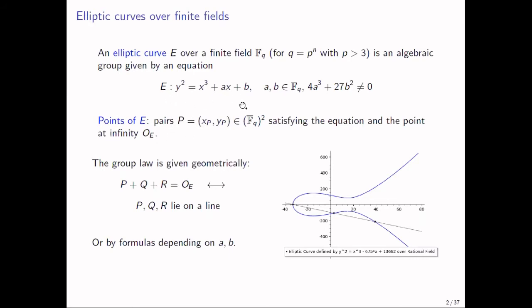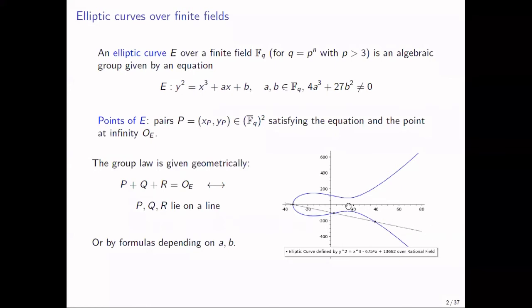of this equation. And I said that it's an algebraic group, so that means there's a group law, and the point at infinity is the neutral element for this group law, and the group law is given both algebraically and geometrically. Geometrically, it's easy to describe. Three points sum up to the point at infinity if and only if they lie on a line. So here you have three points on an elliptic curve, and they all lie on a line, which means that these three points sum to infinity.